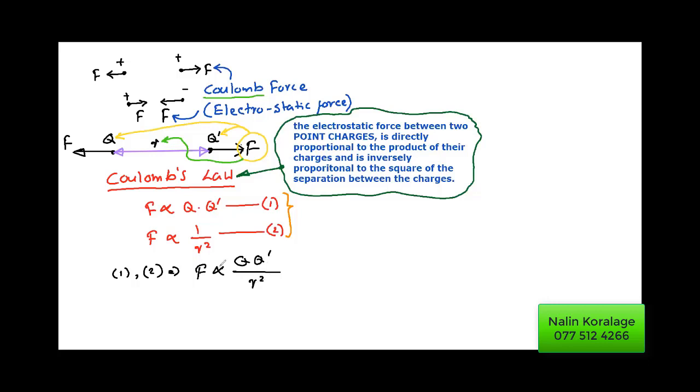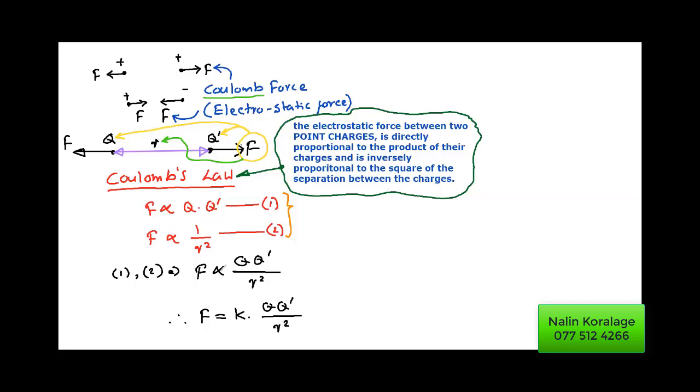Now here we have proportionality. I want to convert that into an equal sign. So how can we do that? F was proportional to Q dash over R squared, and now I can convert that into an equal sign by introducing a constant of proportionality.